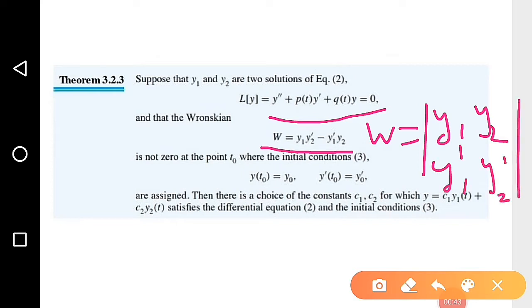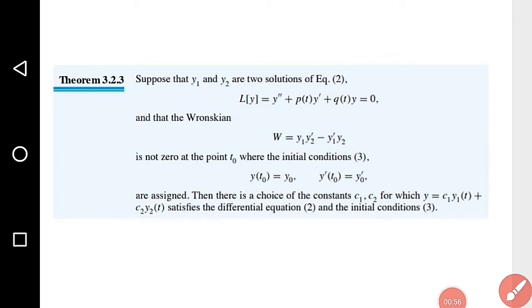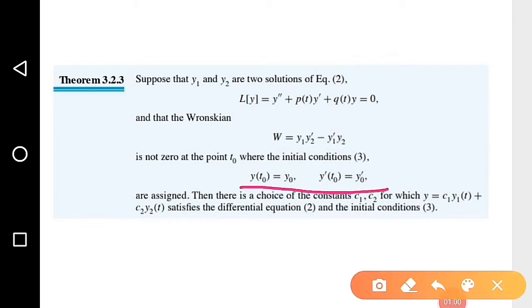That is nothing but y1 y2' minus y1' y2. This is not equal to 0 at the point t0 where the initial conditions y(t0) = y0 and y'(t0) = y0' are assigned.